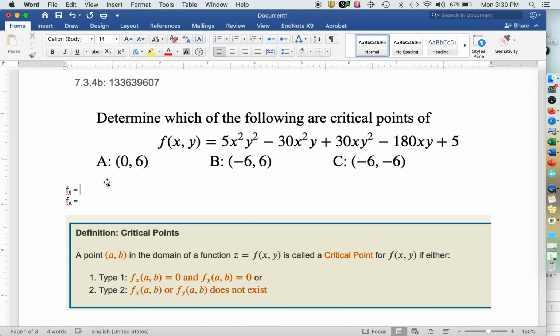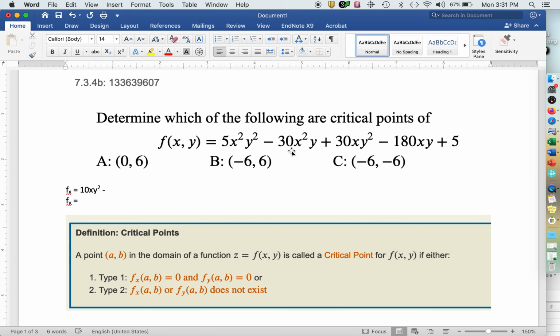We had a constant multiple rule that said if you have a constant that's multiplied by a function, when you take the derivative, it will be that same constant multiplied by the derivative. So the 5 and the y squared are still going to be there. The derivative of x squared is 2x, so that 2x is going to get multiplied by the 5, and I'll get 10x. And remember, the y squared just comes down and gets multiplied because we treat it like a constant.